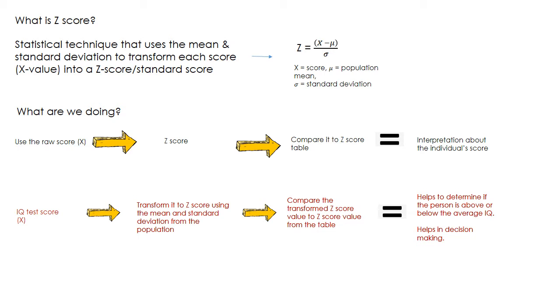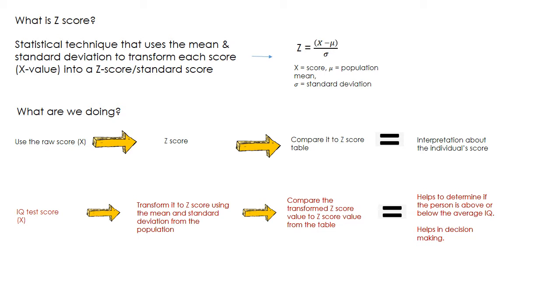So with the 150 score that you get, you have to convert it into a z-score. How do we convert it? Using the formula. In that formula you need three pieces of information. Firstly, your score. Second, the mean of the population score for the IQ at Harvard University, and the standard deviation of the population of Harvard University students' IQ test.